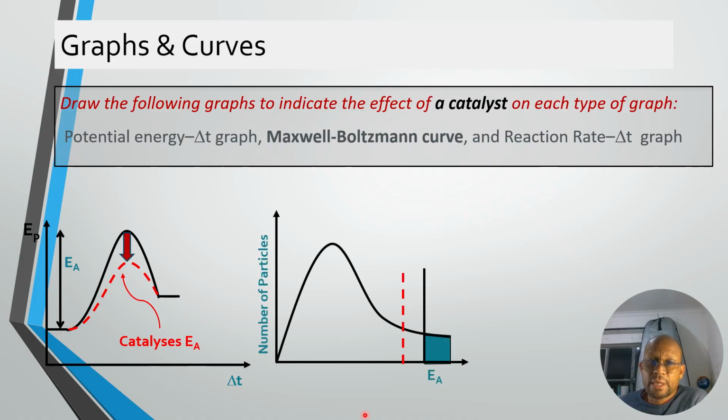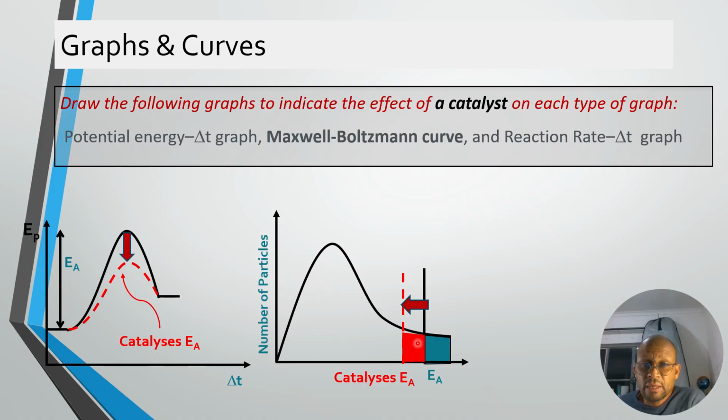The next graph is the Maxwell distribution graph. And here I can see that the area under the graph, that will be the number of particles with sufficient energy. And then the activation energy is indicated by the solid line. If you're going to add a catalyst, this activation energy is going to decrease. Now remember, this one still exists. This is a new activation energy, which was created by an alternative route that was followed by the reactants to form products.